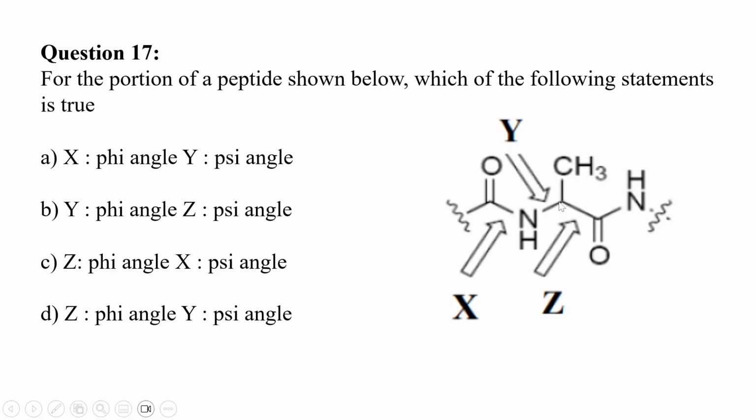And the next angle, the angle between the C alpha and the carboxylic carbon, is called the psi angle, that is labeled by Z.